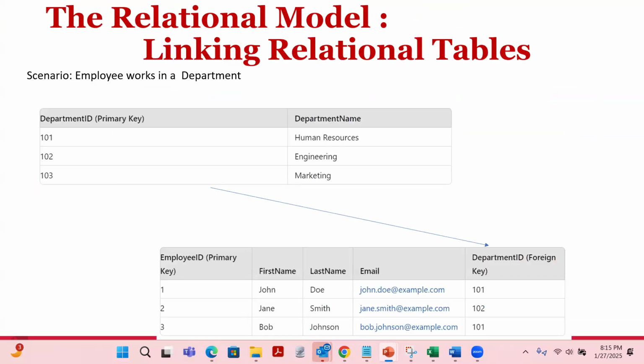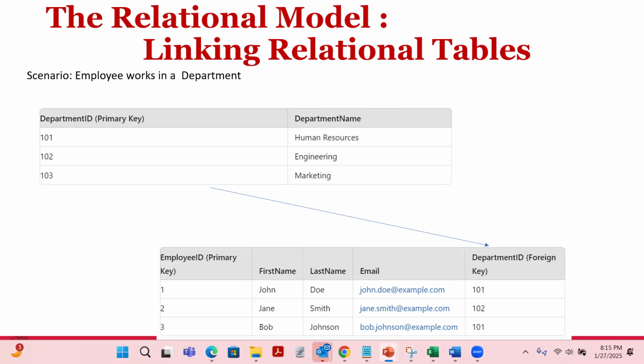Now, let's look at how the tables are linked in a relational data model. For example, in this scenario, we have an employee that works in a department. On the top, we have a department table with department ID and department name. And on the bottom, we have an employee table that has employee ID, which is a primary key, first name, last name, email address, and department ID.